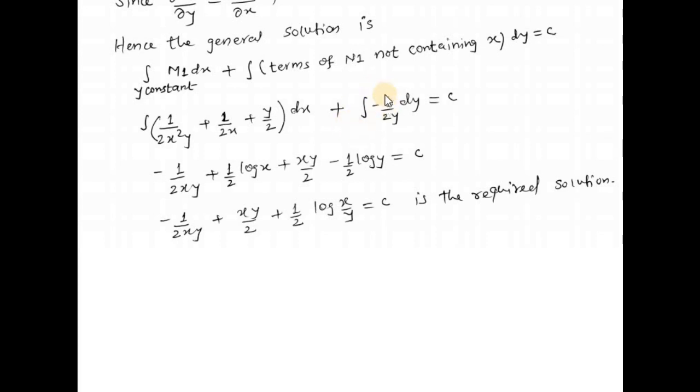So here in N1 there are two terms which contain x. The first term contains x and the last term contains x. So we will skip these two terms. So we will write down only minus 1 divided by 2y. So integration of minus 1 divided by 2y dy is equal to c.